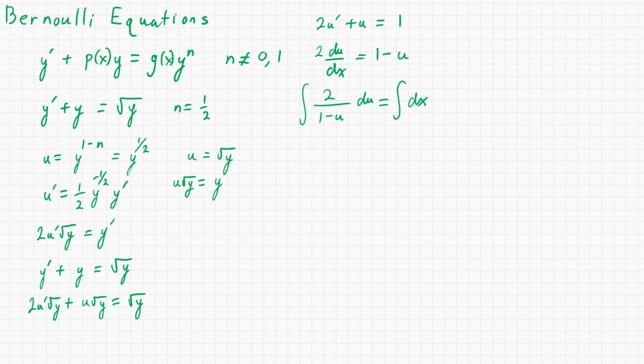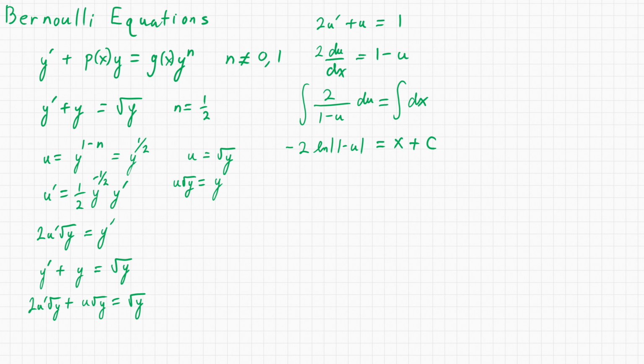Right, so then this one ends up being, let's see, I have a 2 as a constant. I've got a natural log, absolute value of 1 minus u. But, right, keep in mind, the minus u, we have to take care of the chain rule as it pops out. So that actually will add a minus onto here. And then I've got dx just turns into, that's the right 1 dx, so the x turns into an x, and there's my plus c. All right, so let's go ahead and solve for the u.